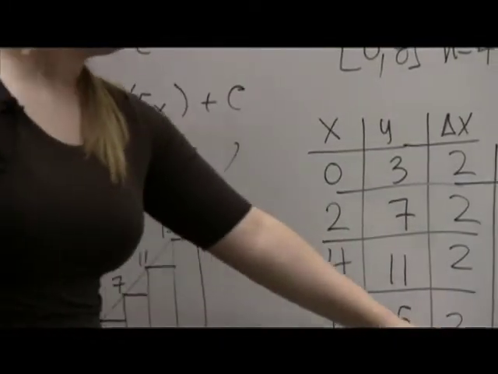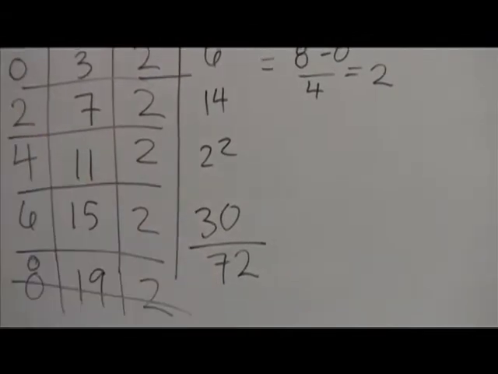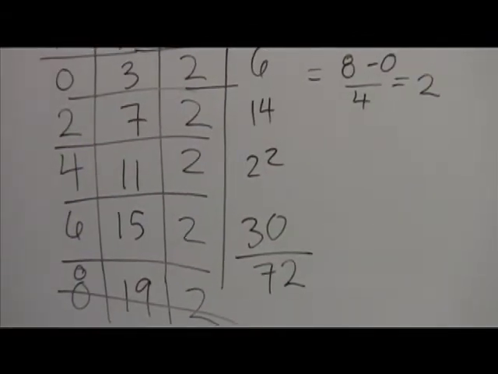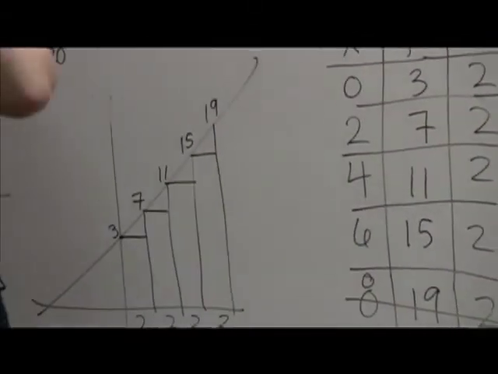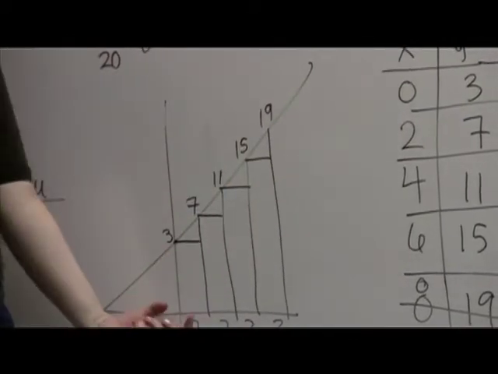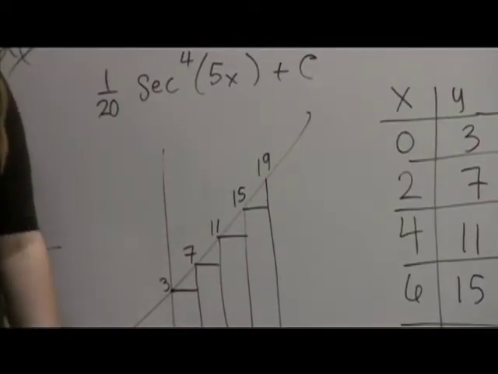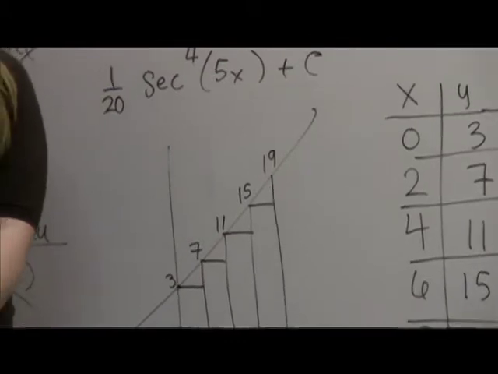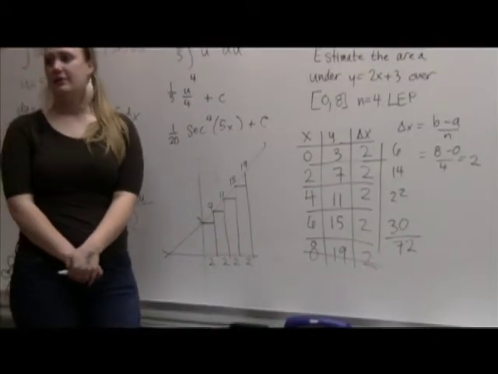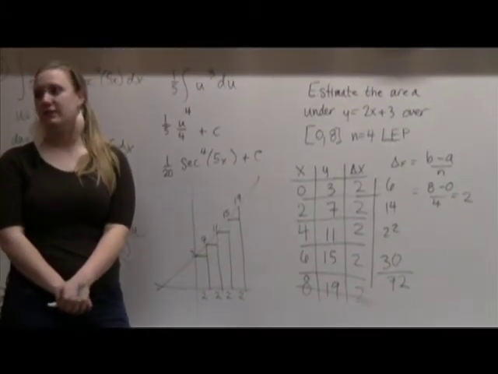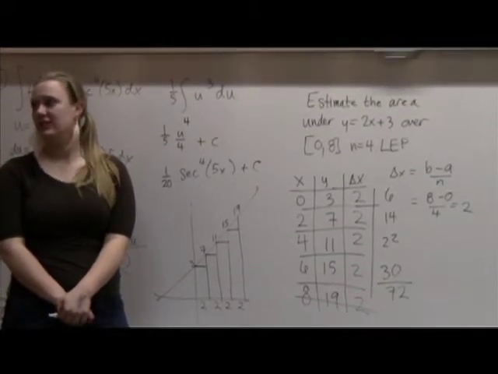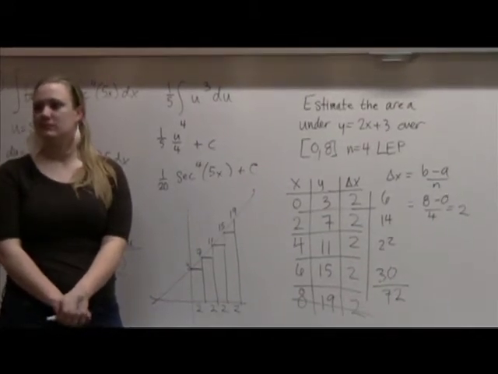Excellent. This is the estimate of the area, because the y is how tall it is, and the delta x is how wide it is. Now, in your homework, they almost always have the delta x be 1, and on the test, they almost always have the delta x be something besides 1, which is tricksy. Kind of rude, huh?